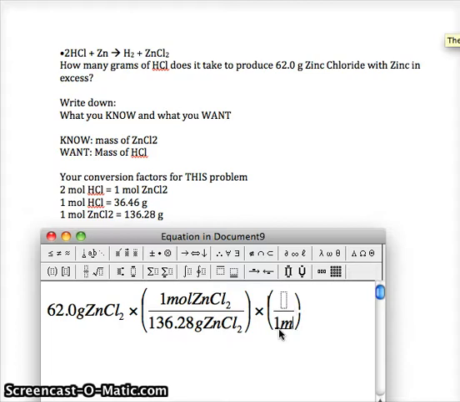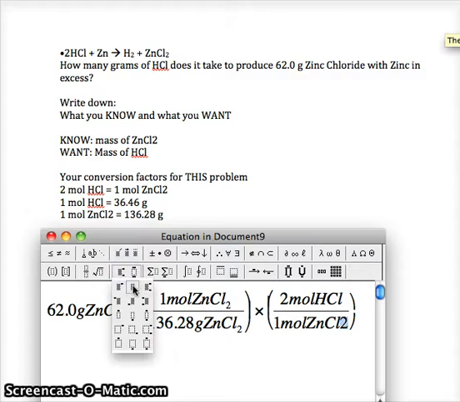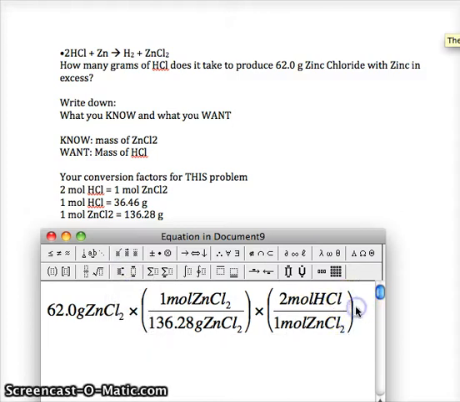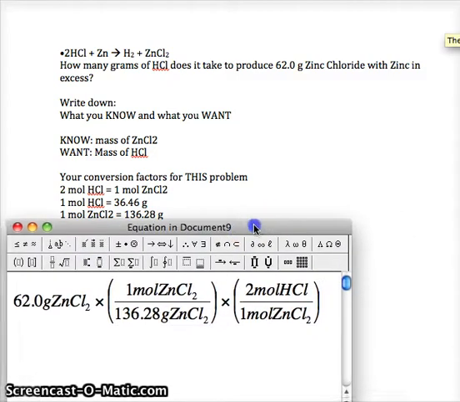So 1 mole of zinc chloride is the same as 2 moles of hydrochloric acid. There. Okay, so now I'll try to make this a little bit bigger so you can see.